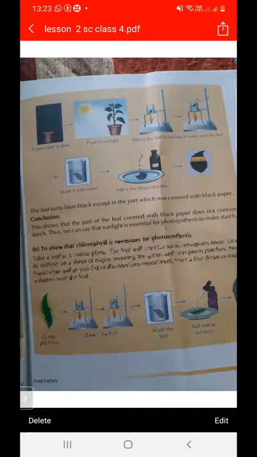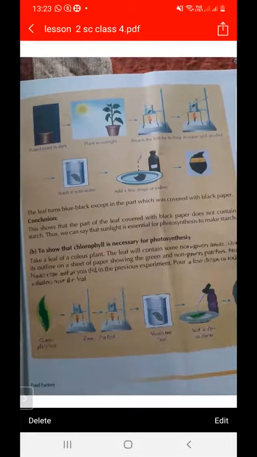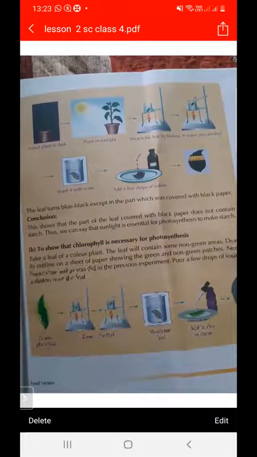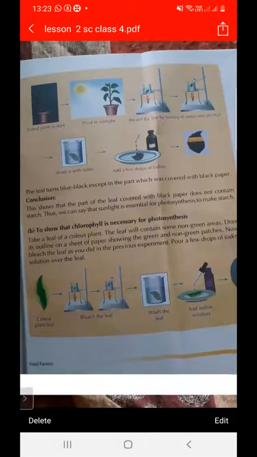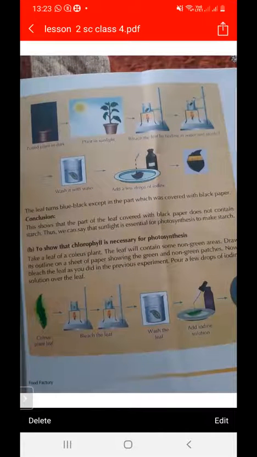The part of the leaf which was covered by the black paper does not turn blue black. This shows that sunlight is necessary for photosynthesis to occur.